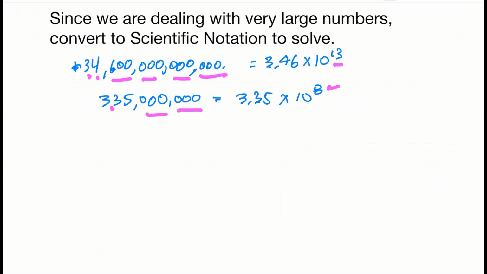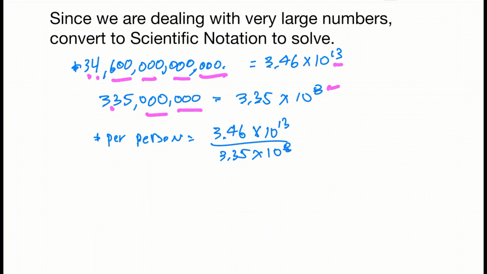So the problem is with the per person, so that's going to be, we take the amount of debt, 3.46 times 10 to the 13th dollars, divided by 3.35 times 10 to the 8th. Now, for the properties of algebra, we can just break this up into two divisions, two quotients, 3.46 divided by 3.35 times the ratio of 10 to the 13th divided by 10 to the 8th.